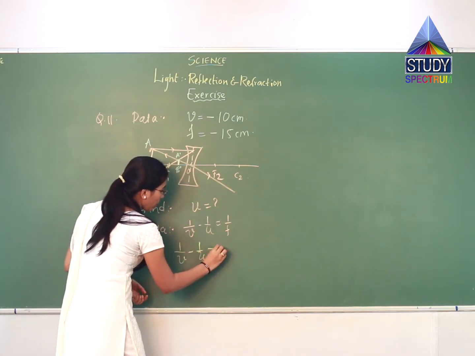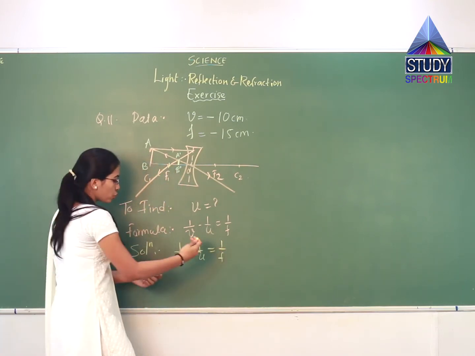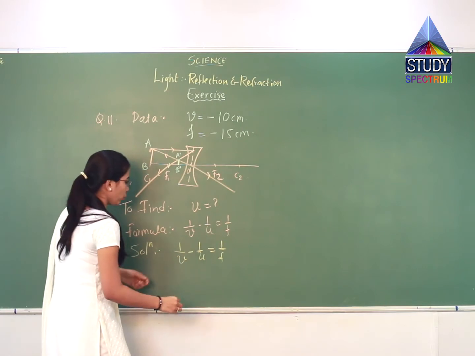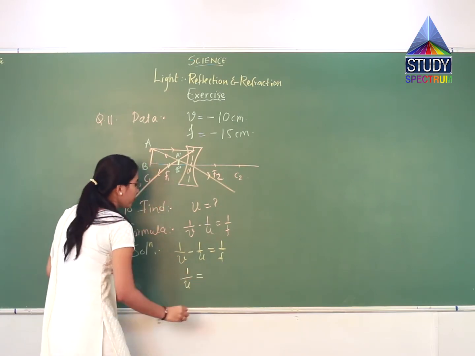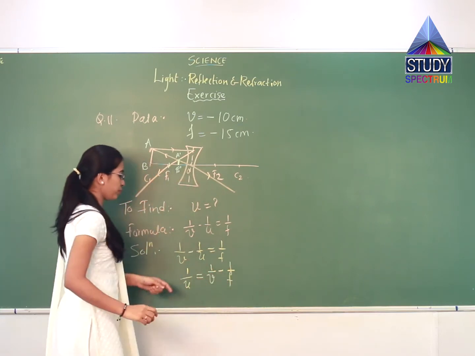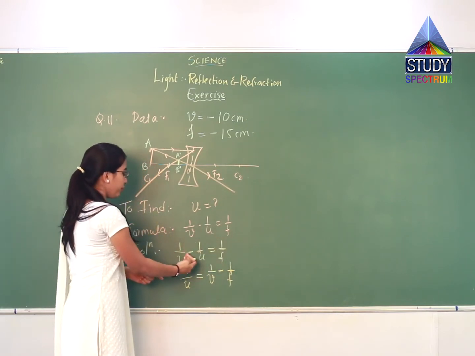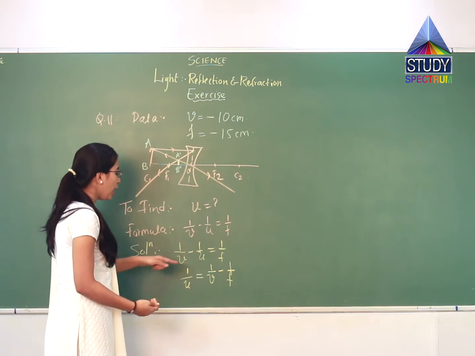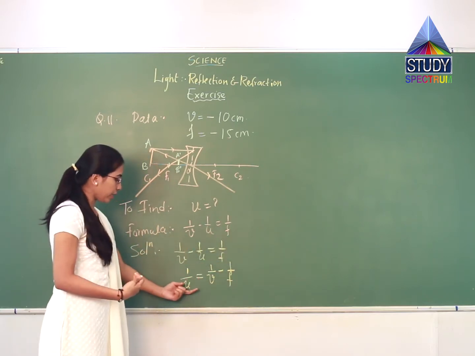So we want u, so let us interchange the sides accordingly. So you will get 1 upon u is equal to 1 upon v minus 1 upon f. Means I will take 1 upon u on the right hand side, 1 upon f will come here so it will get negative, and this negative after going here will become positive, and I will interchange the sides accordingly.